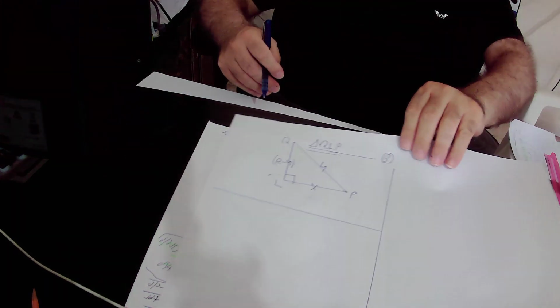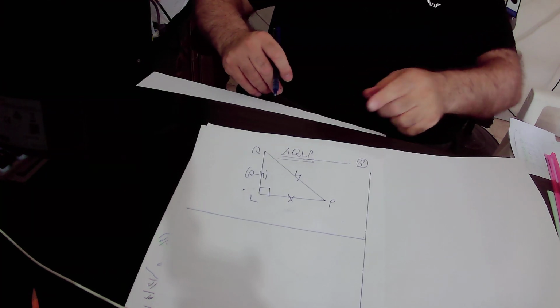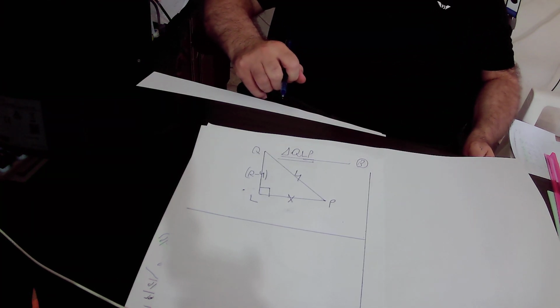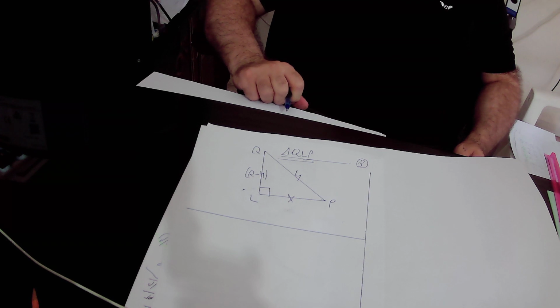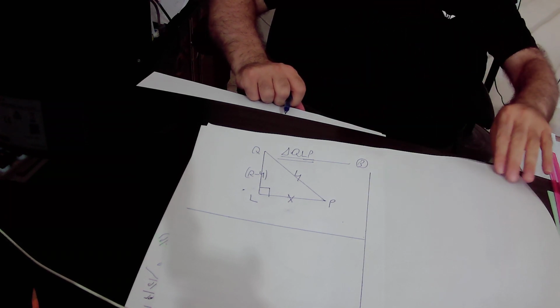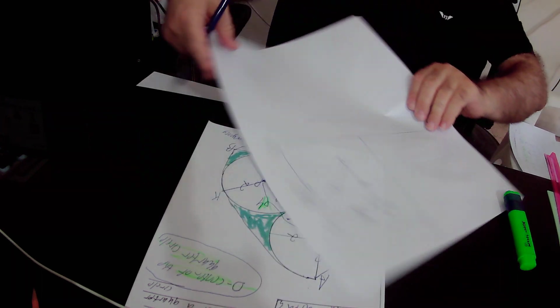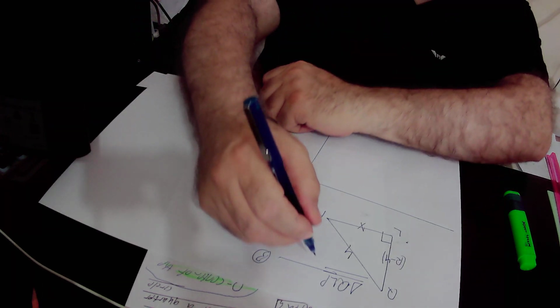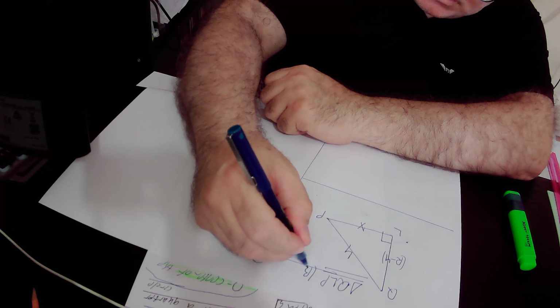So, this is the right triangle, triangle QLP, that I copied from the original drawing. We will implement the Pythagoras theorem on this right triangle, triangle QLP. So here, PT is the abbreviation for Pythagoras theorem.